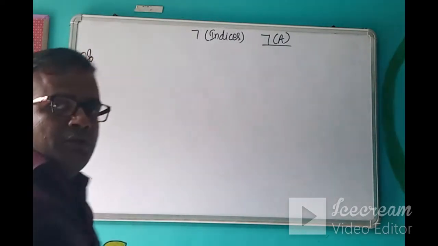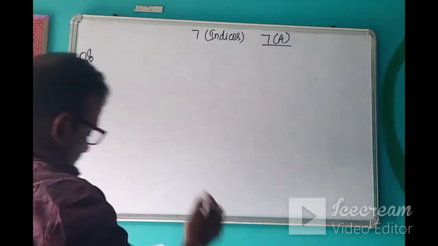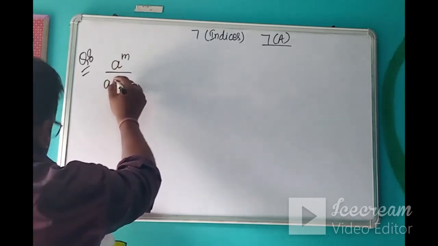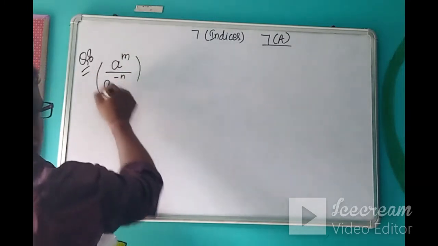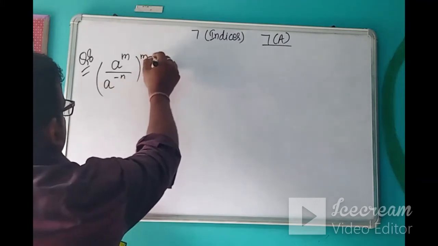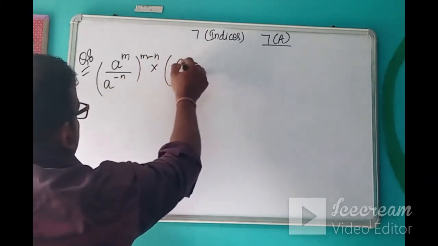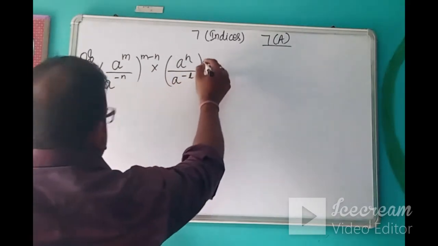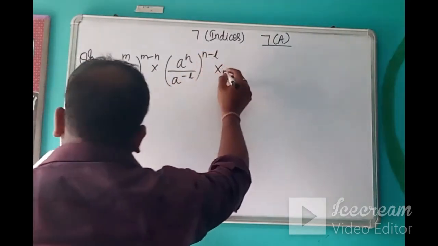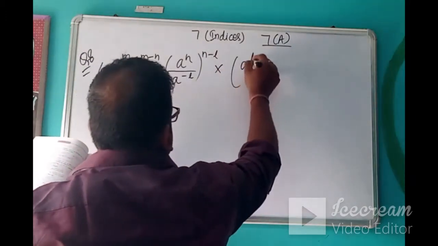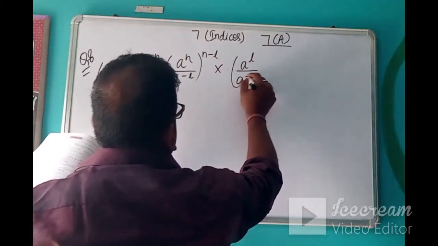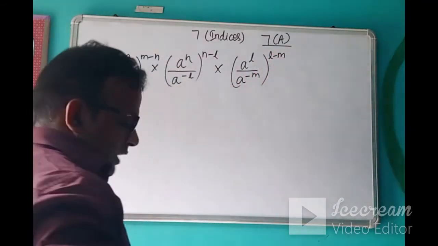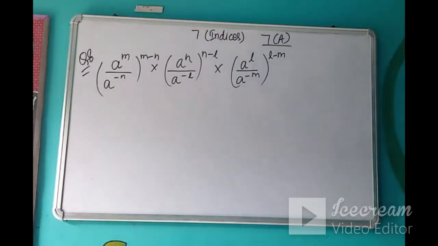And in this also we will use the laws of exponent. So it is (a^n / a^-l)^(n-l) times (a^l / a^-m)^(l-m) times the remaining factor, and we have to prove that this product is equal to 1.